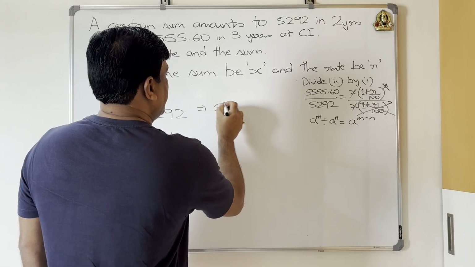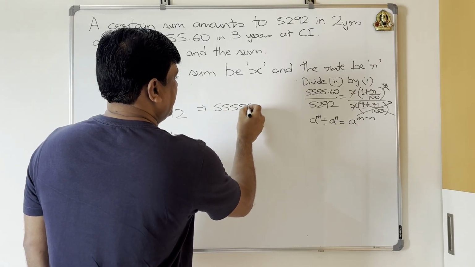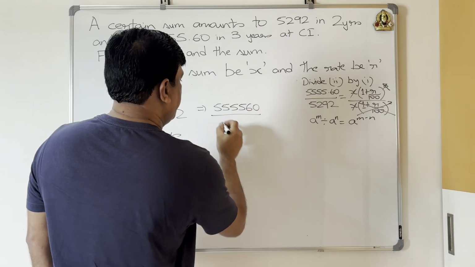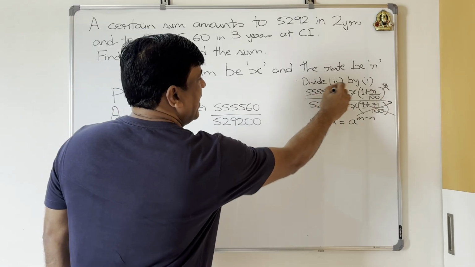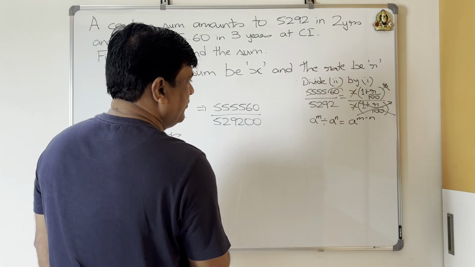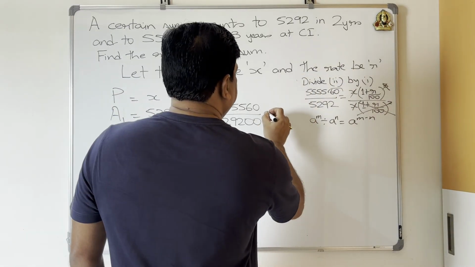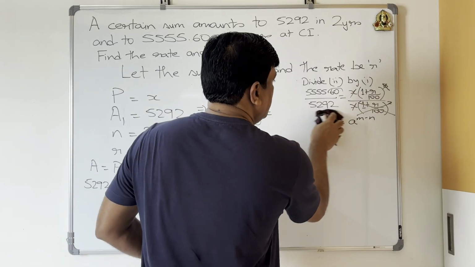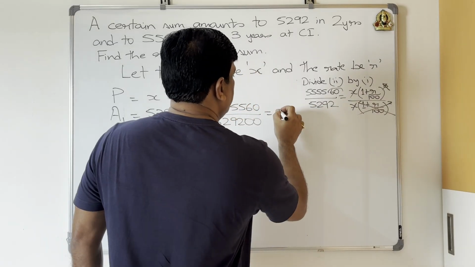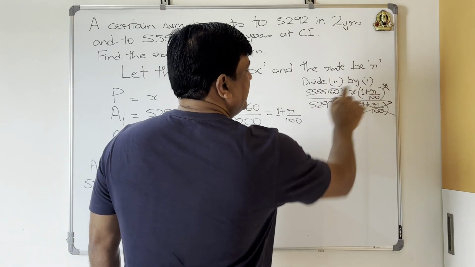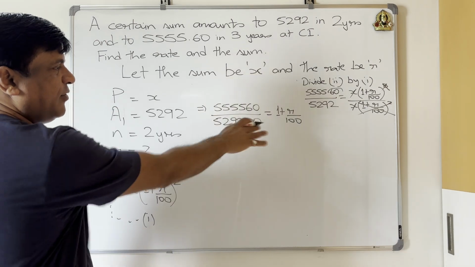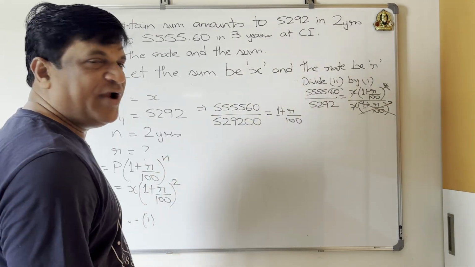I get 5556 divided by 5292, followed by 2 zeros because I have removed this one and included 2 zeros. This will be equal to 1 plus r by 100. Look at it. That's what is left over here, nothing else. From here I'll be able to go ahead and calculate r.